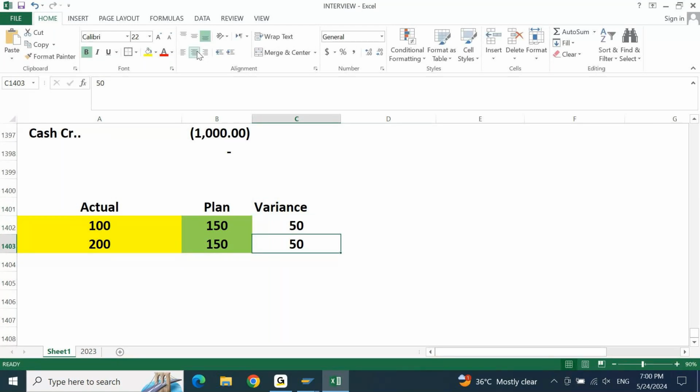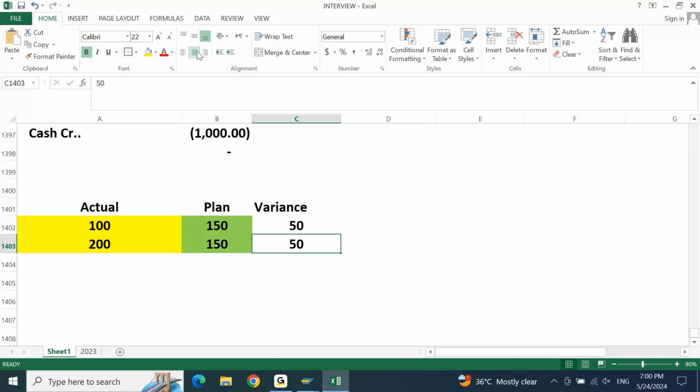Agree? In both the cases, is my difference 50 only? Yes, sir. But one is a benefit for me, one is a loss for me. Is that also correct?